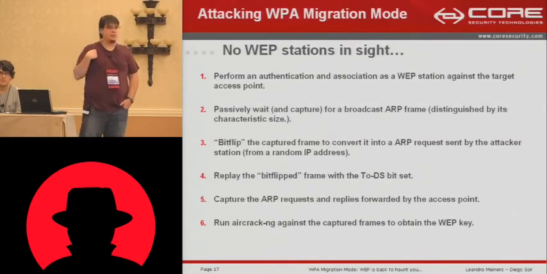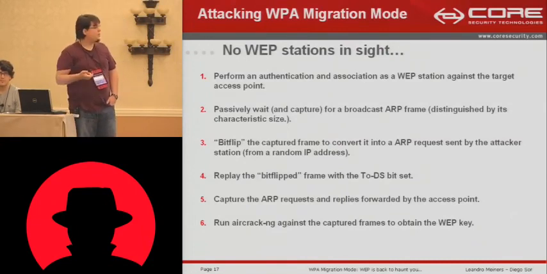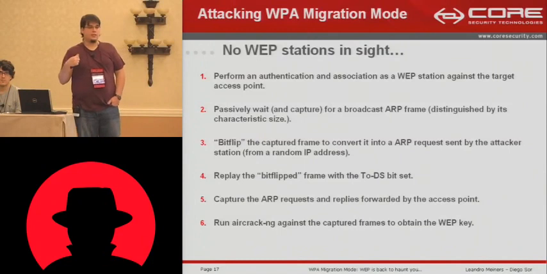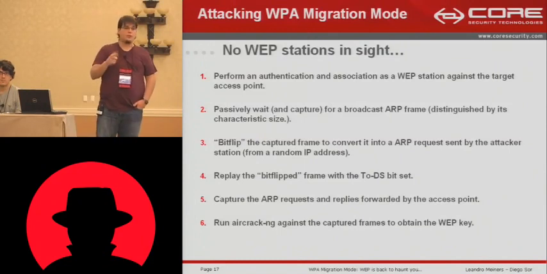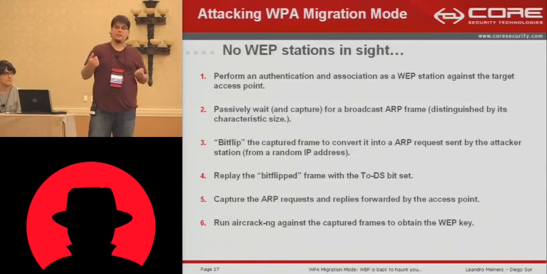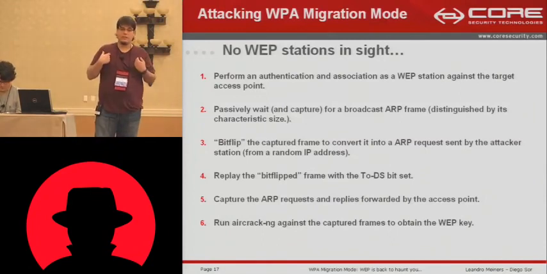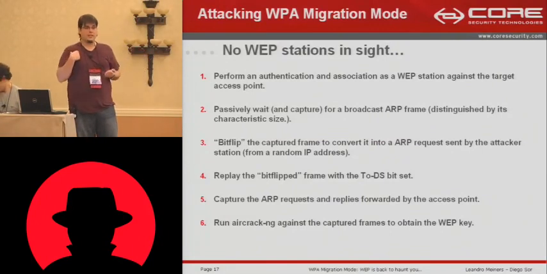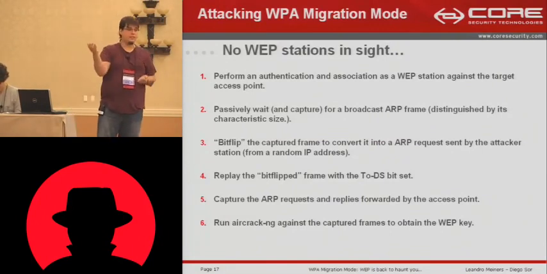Then we wait and capture a broadcast ARP frame, which will be WEP encrypted as it's a broadcast frame. We bit flip it using what Diego described earlier about message tampering. We do this in an intelligent way so that the ARP frame becomes an ARP frame from our station, because we know who sent the ARP frame, and we know our MAC address, and the source MAC address of the sender.